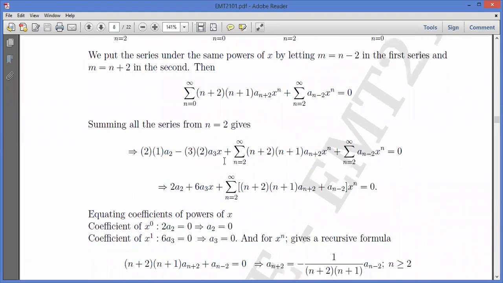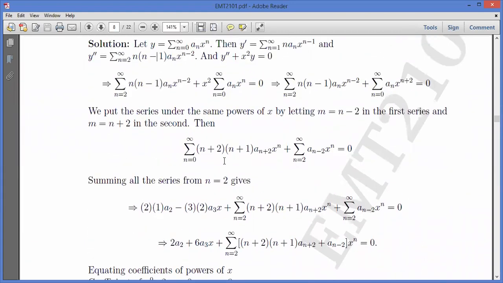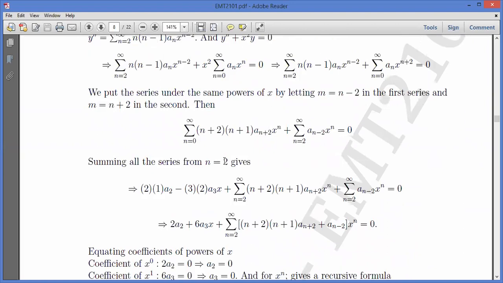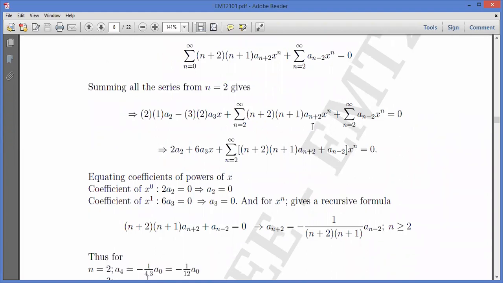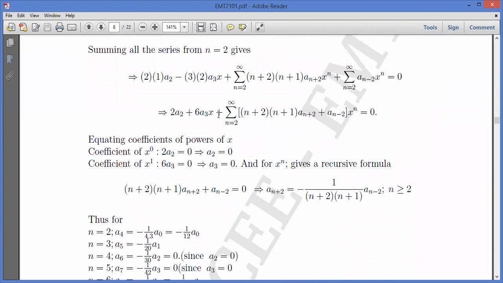If you get that, you can continue, and that gives us this. We summed for n equal to 2, which we have just got. We got this one here. That is the 2a2, which I demonstrated, 6a3x, then plus this thing. This one, you simply collect the terms.